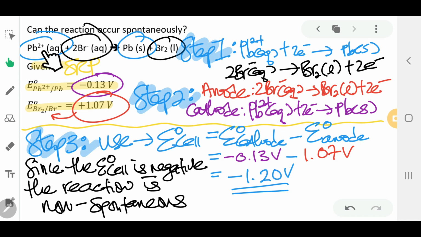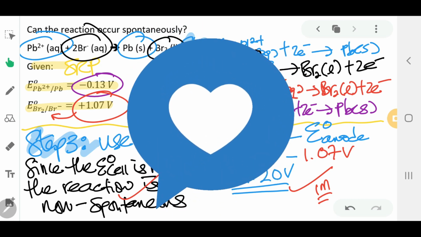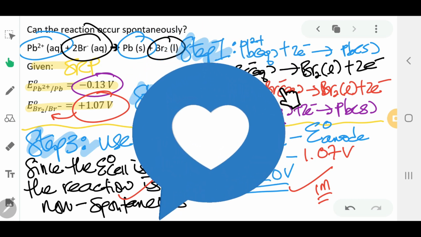Okay, so the reaction given to you over here is non-spontaneous because the E0 cell value is negative. So you'll get 1 mark for that statement, 1 mark for using this formula, 1 mark for finding that one, and these 2 steps over here are also important.